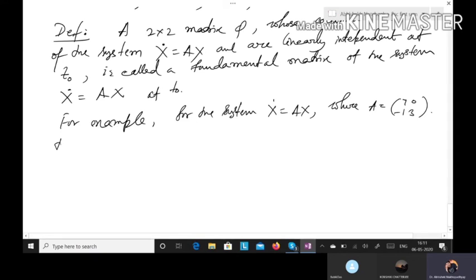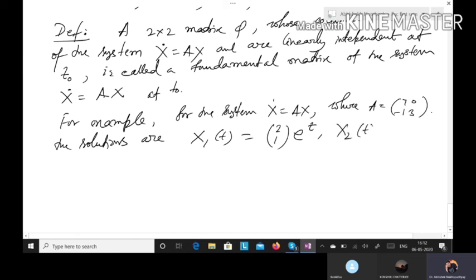And the solutions will be, the first one is x1(t) is the column vector (2, 1) e to the power t, and the other solution is x2(t), which is (0, 1) e to the power 3t.